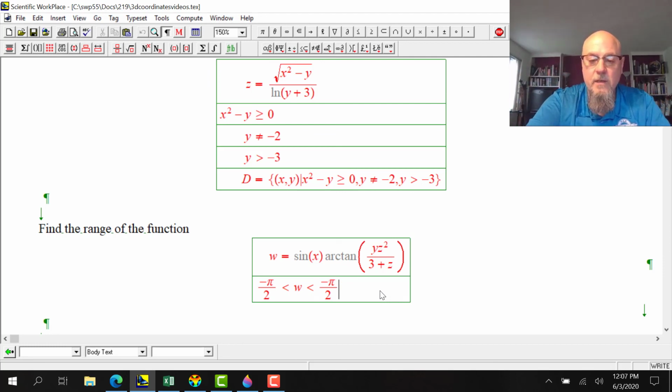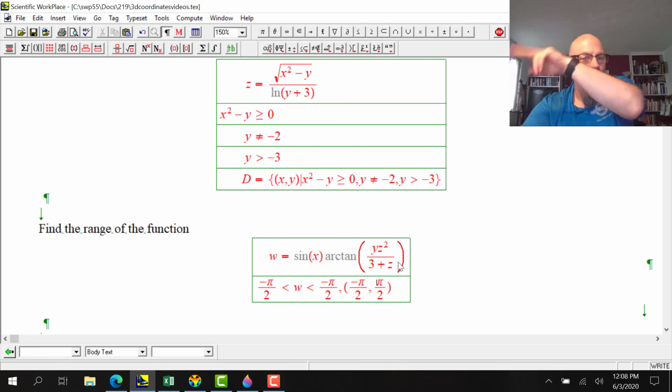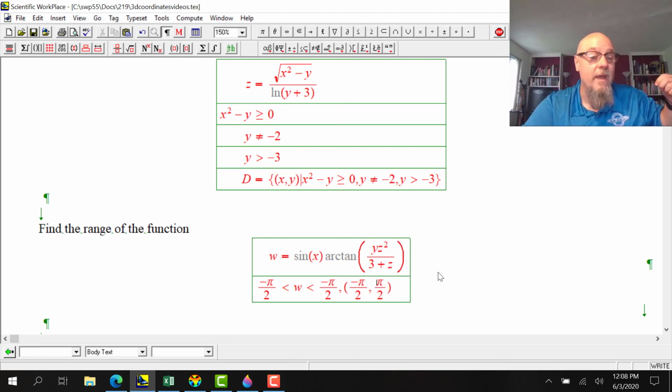If I would write this in interval notation, it would have the round brackets, because we never actually get to pi over 2, because the arctan approaches pi over 2 or negative pi over 2, but it never actually gets there. So there's our range of the function.